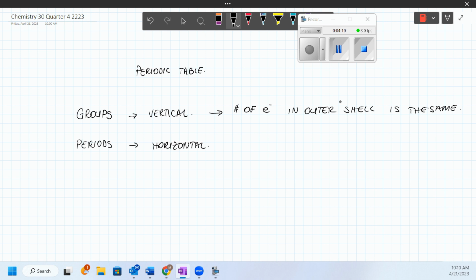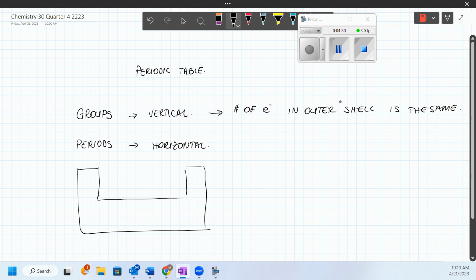When you take a look at the periodic table, you will notice that the view is something like this, and then you have a disconnection somewhere in here where a bunch of elements are shown. Usually 2 rows of elements are shown here.